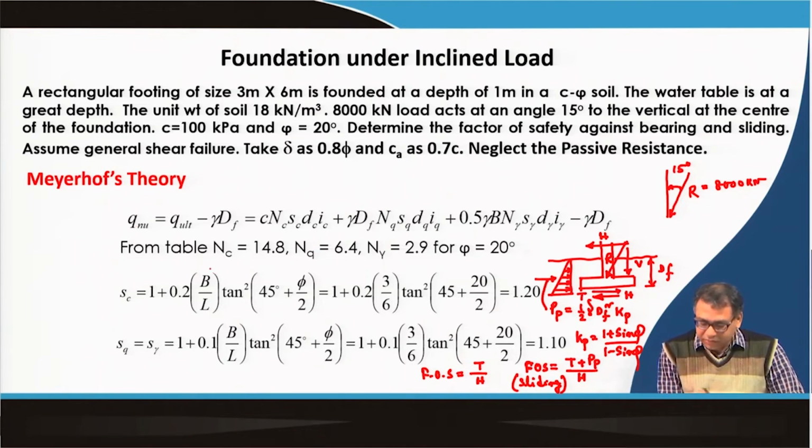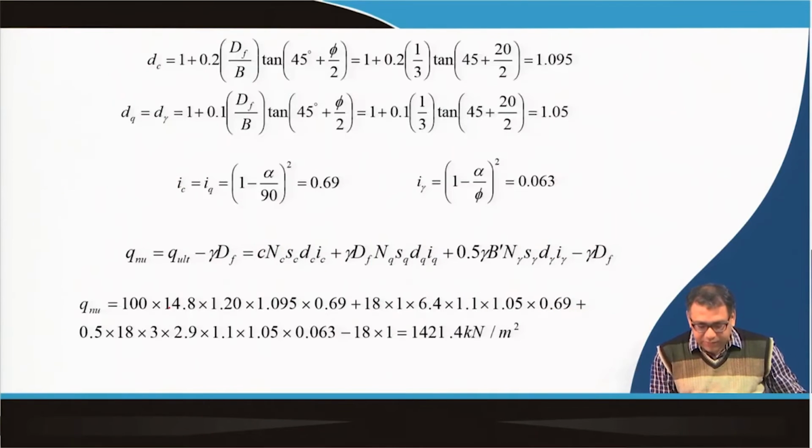For phi equal to 20 degrees, N_c is 14.8, and N_q and N_gamma we will also get from the Meyerhof bearing capacity factor table. Then I will calculate the shape factors S_c, S_q, S_gamma using these expressions, because here there is no eccentricity, so we take B and L. Then I will calculate the depth factors, and now the inclination factors are not 1.